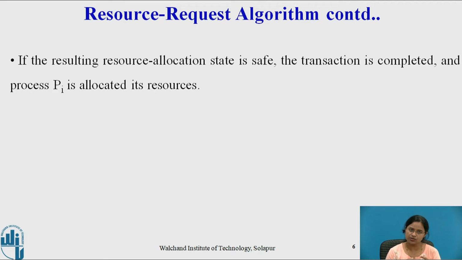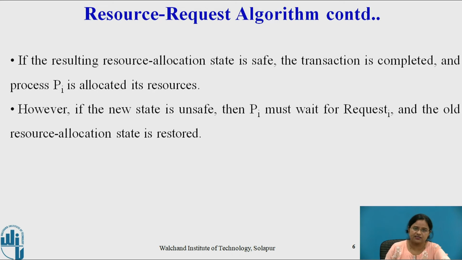If both conditions are true, then it subtracts the request from Available, subtracts it from Need to find the remaining need of the process, and adds it into Allocation. That is done by the operating system, and after that it has to check whether the system is in a safe state or not. If it is in a safe state, then the resources will be allocated to the process.